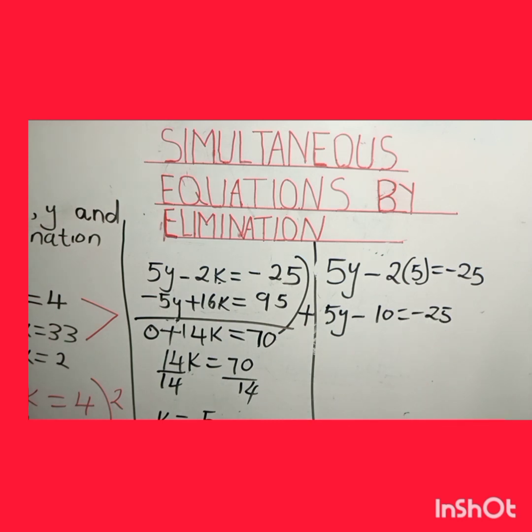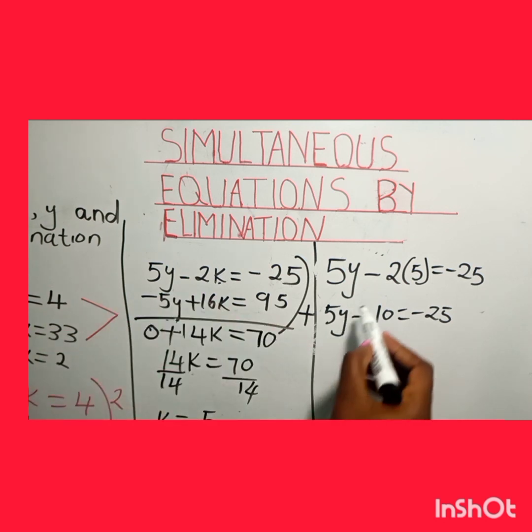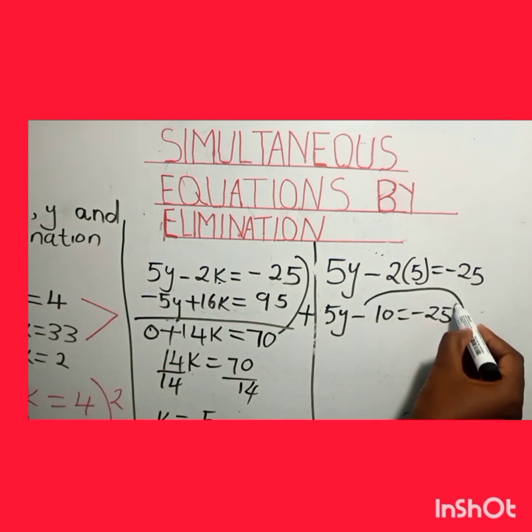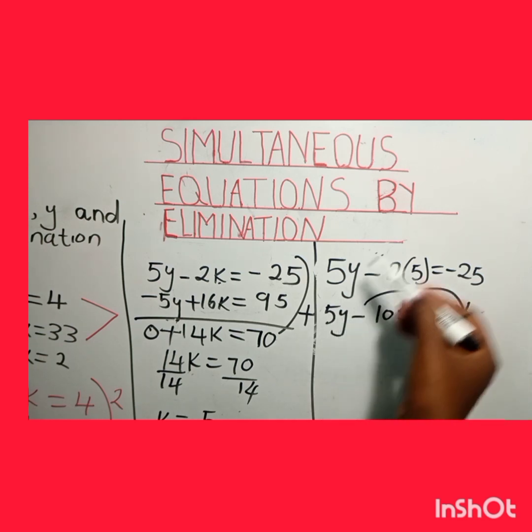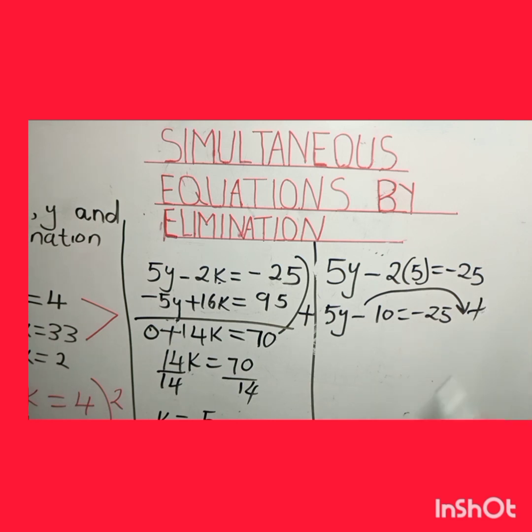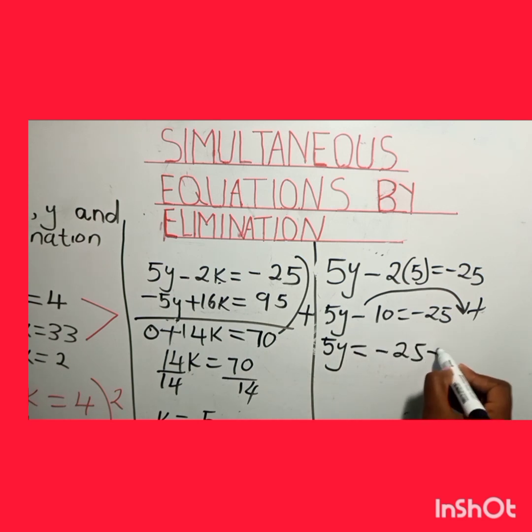Now, for us to get the value of y, we're going to take all other parameters to the other side. Then let us take this 10 to the other side. This side it is negative. When it crosses to the other side, then it becomes a plus. So we will have 5y is equals to minus 25 plus 10. Then we know that minus 25 plus 10 is minus 15.